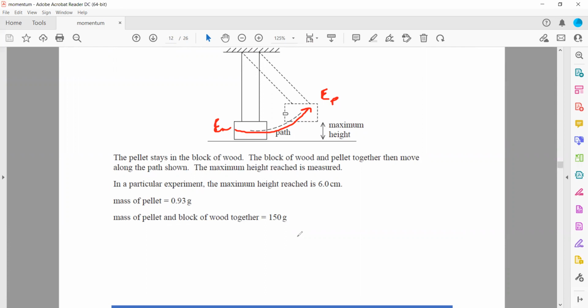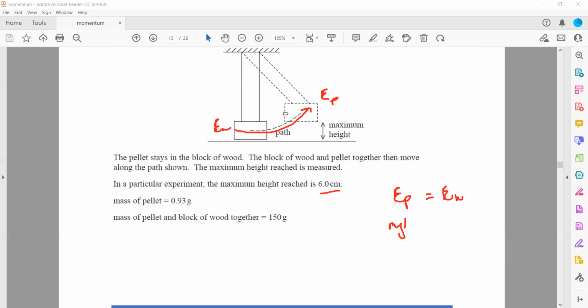Remember, always use SI units, so mass must be in kilograms, and height is given in centimeters, so it must be in meters. So the potential energy will be equal to the kinetic energy, or the loss in kinetic energy is equal to the gain in potential energy.